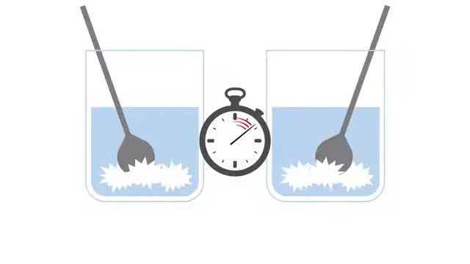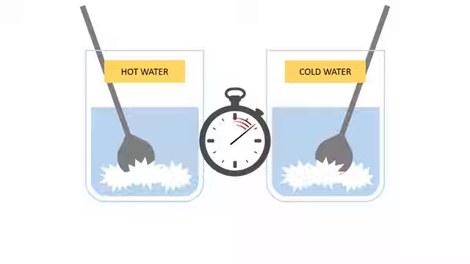What do we change? Well, we change the temperature of the water. One has hot water in it, one has cold water in it. They're the same amount. The detergents are the same, the containers are the same, mixing them are the same. But the temperature of the water does not remain the same. One is different from the other.